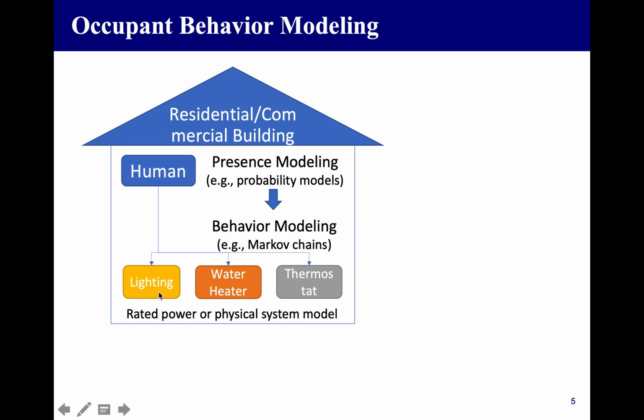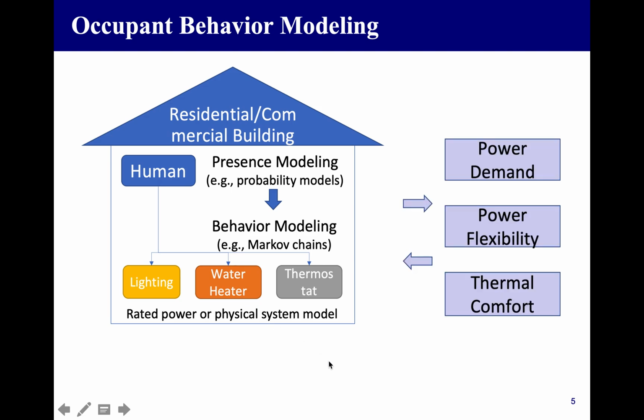And here the physical model, the building systems, can be as simple as a rated power value or as complicated as a whole physics-based model. And occupant behavior modeling usually can be used to inform building power demand prediction and further power flexibility determination, or to predict building occupant thermal comfort.